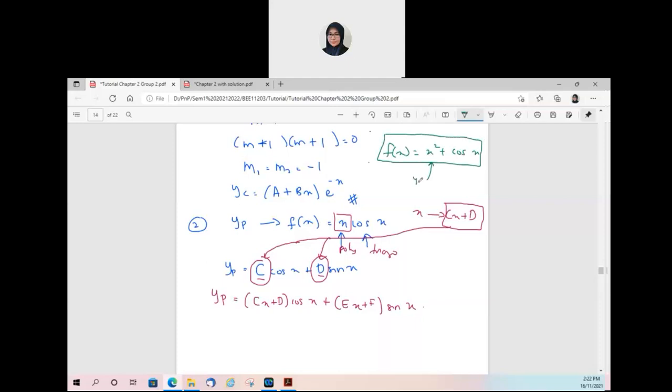Ini YP1, ini YP2. Dia kalau ada plus. Kalau darab satu je, sekali kan. Oh, kalau darab just pakai YP saja. Kalau tambah baru pakai YP1 dengan YP2. Okay, faham. Kalau tambah atau tolak, you kena dapat YP1 dan YP2. Okey, dah faham.